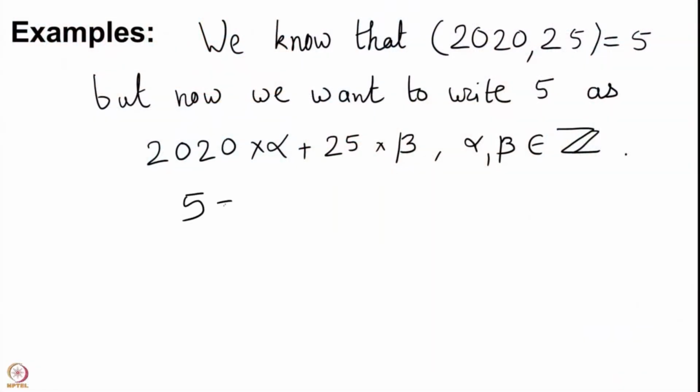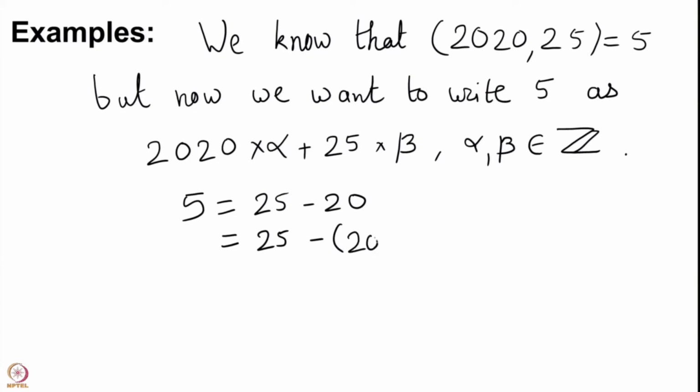So, here we want to write this, and if you remember, we had obtained 5 as 25 minus 20, and how did we get 20? It was a difference of 2020 and a multiple of 25. So, we just apply that. We write 5 as 25 minus 20. How did we get 20?